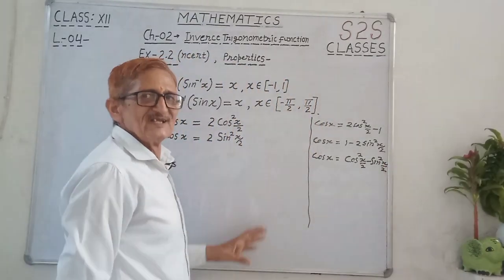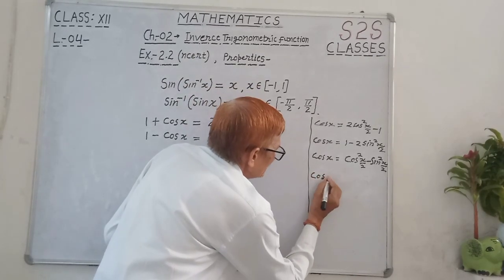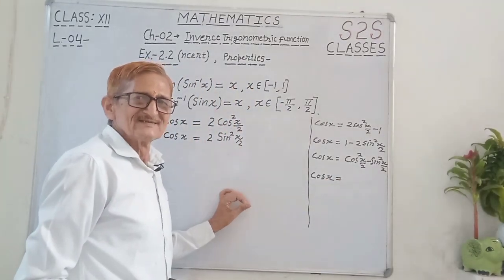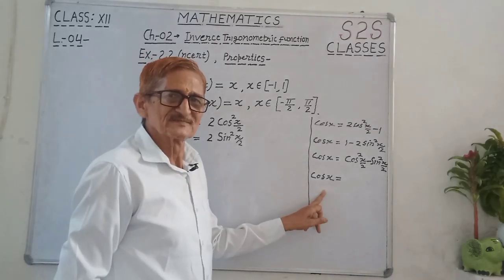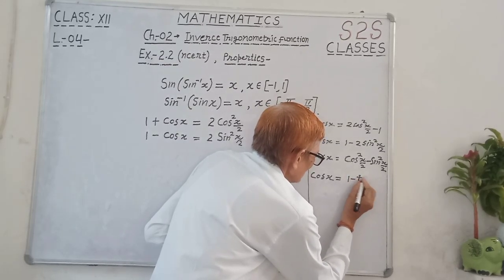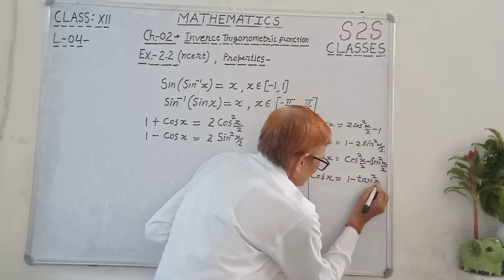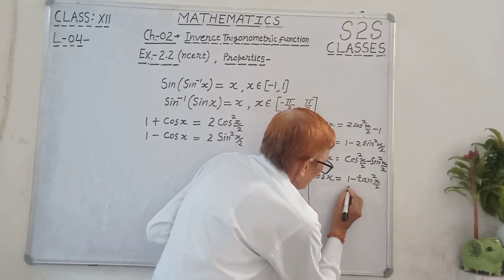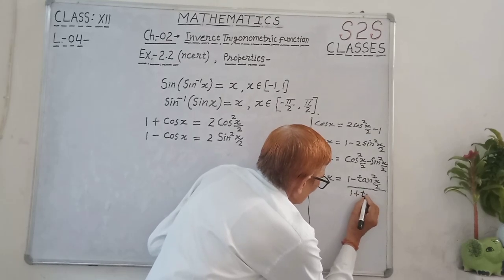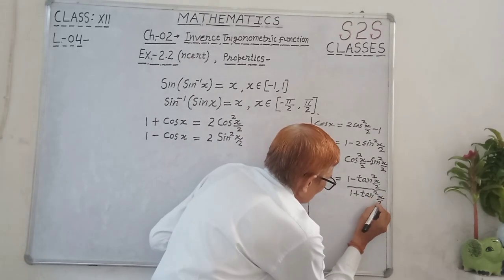Some identities in trigonometry. In plus 1 you have read these identities; now recall them. The fourth formula of cos x in tan form, purely in tan: cos x equals 1 minus tan square x by 2 upon 1 plus tan square x by 2.